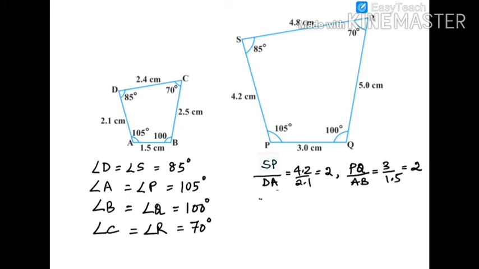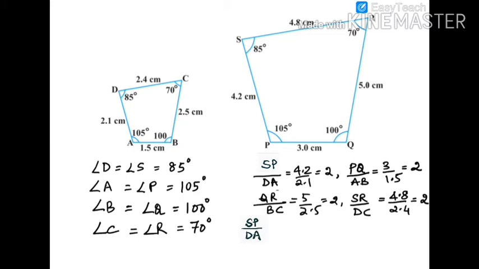Likewise, you can find the ratios for the other two sides. So QR upon BC is equal to 5 on 2.5, which is again 2, and SR upon DC is equal to 4.8 upon 2.4, and that is also equal to 2. So the corresponding sides are proportional.